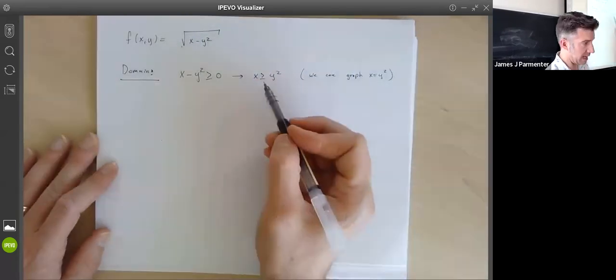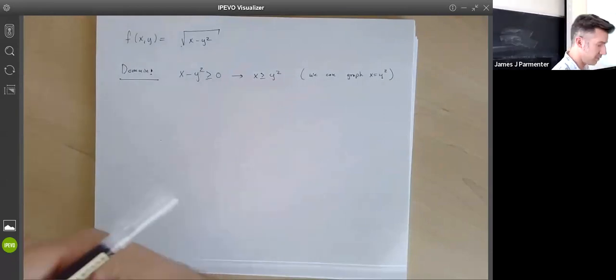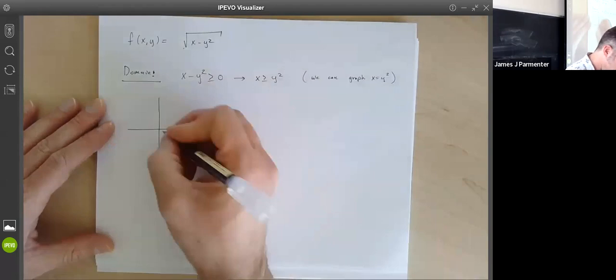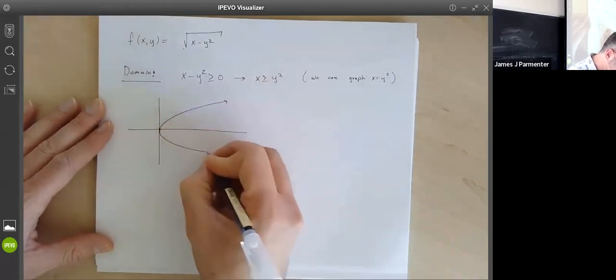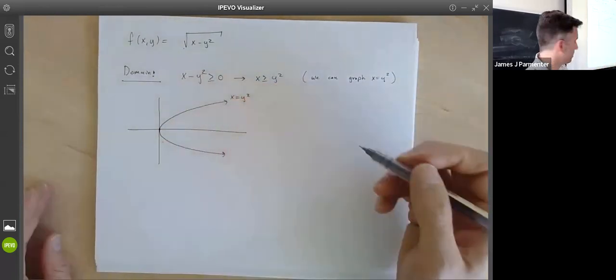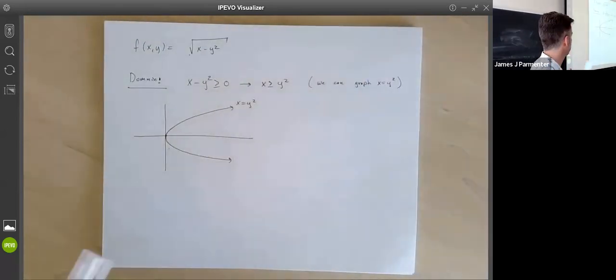And since my inequality has an equals in it, I know I want to include the graph that I'm going to graph. So x equal to y squared, that parabola opens to the right. So here's x equal to y squared. And certainly that whole boundary is part of my domain.